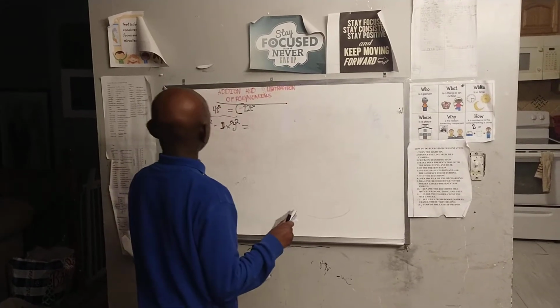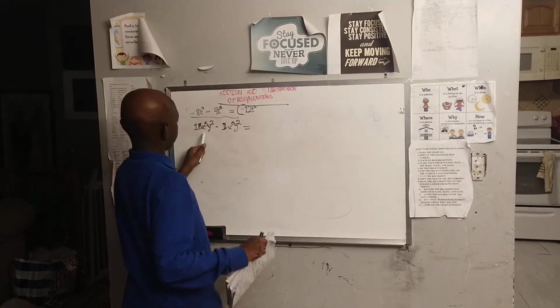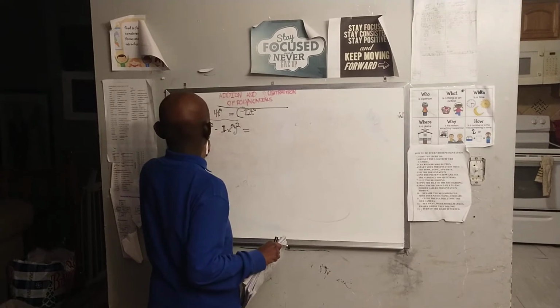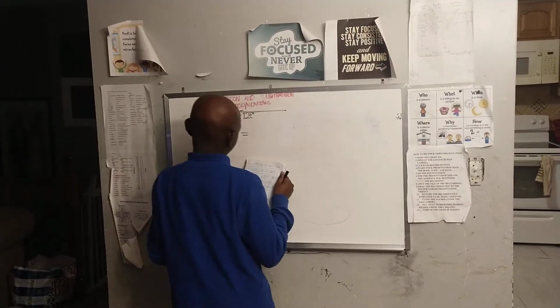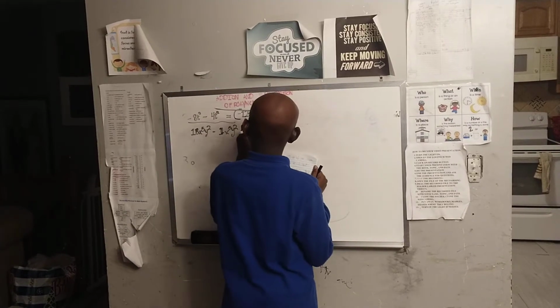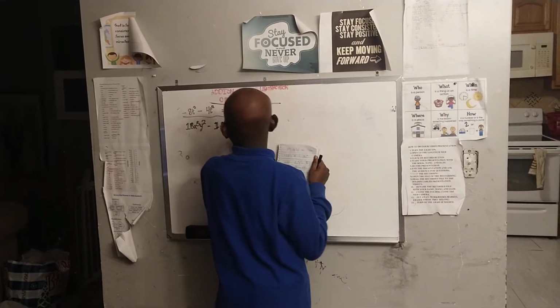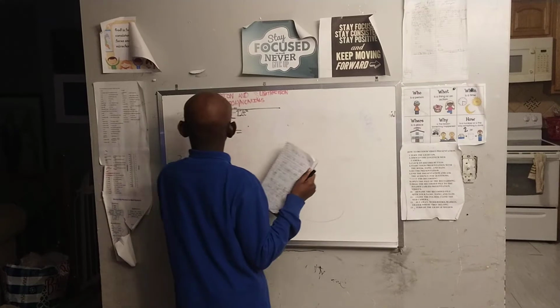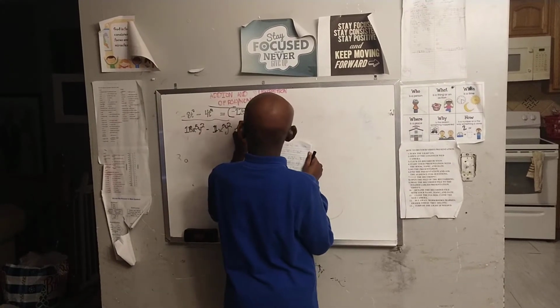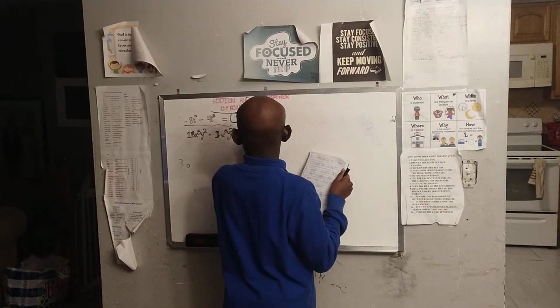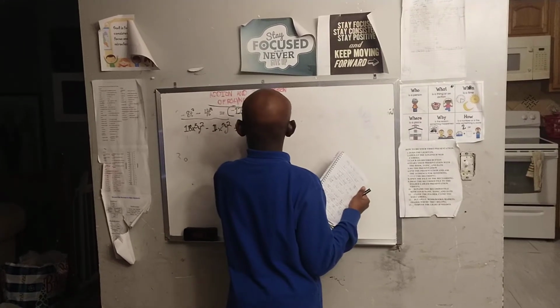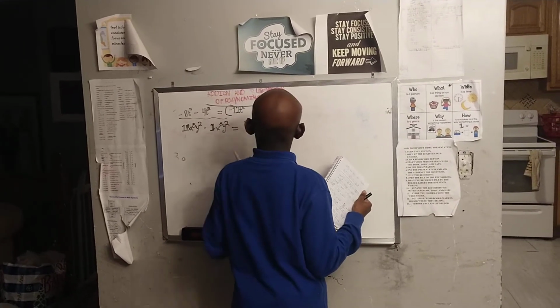Are they like terms? Yes, because we have x to the fifth, y squared on each. So we can subtract the coefficients. 18 minus 11 is 7. 7 what? X to the fifth times y to the second.